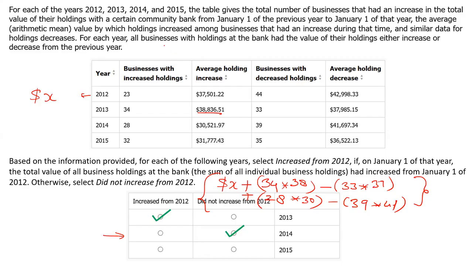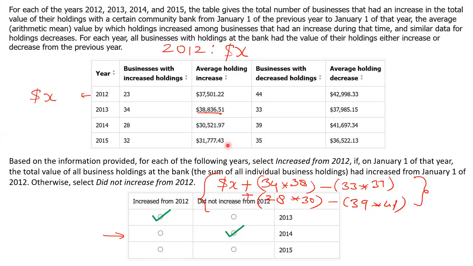So 2012 was X. Now, in 2013, what happened? This much got added, this much got subtracted, which we agreed was a net addition, right?